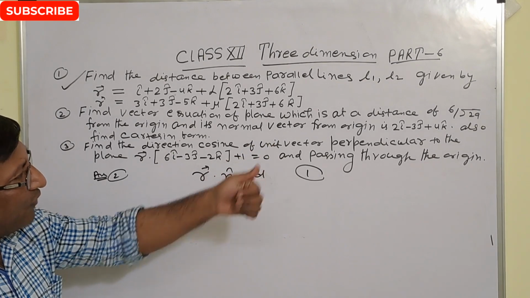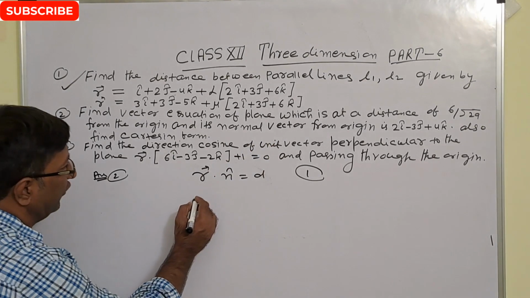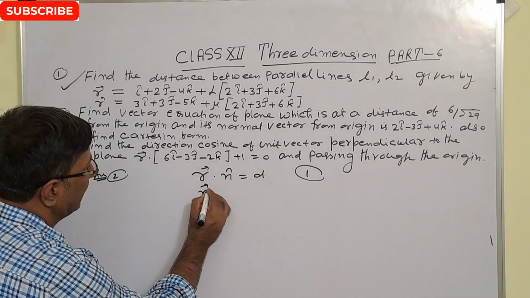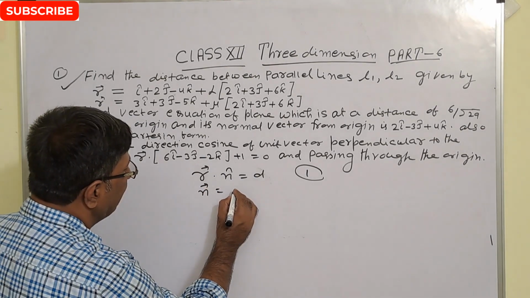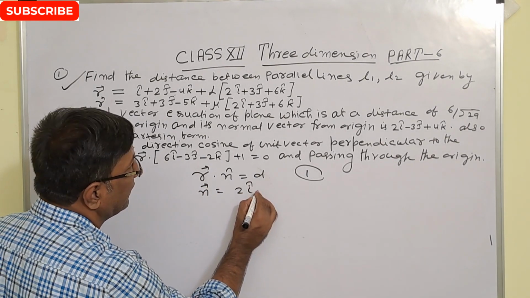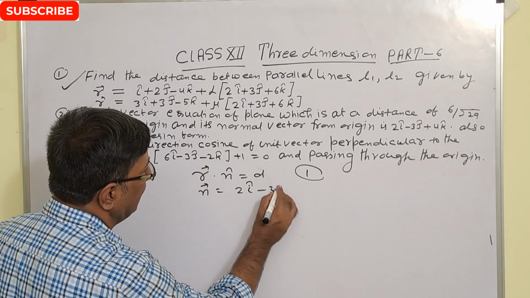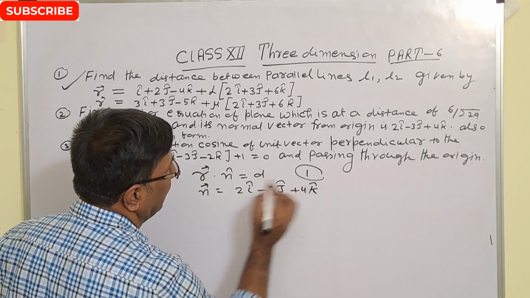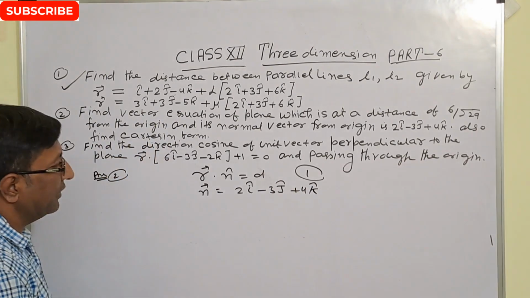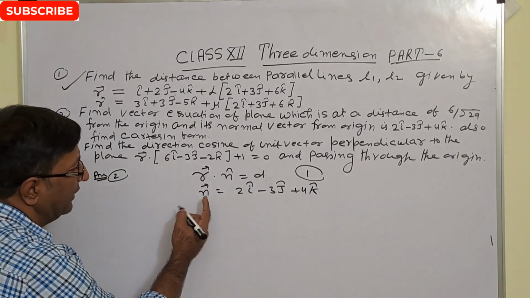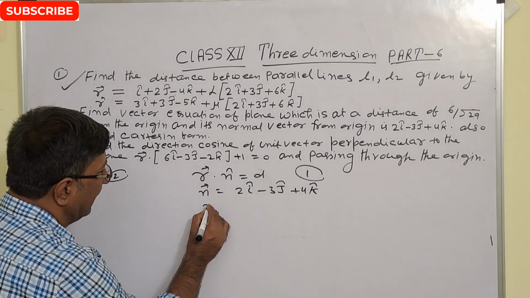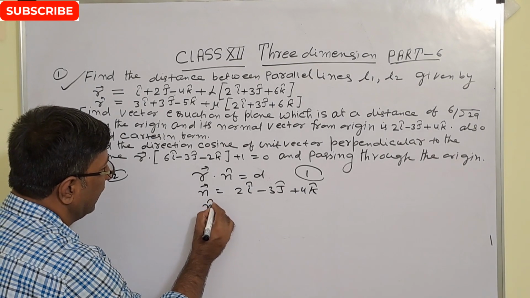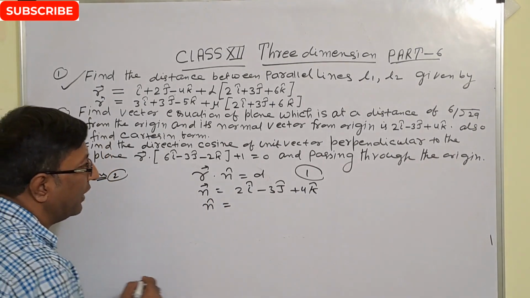And here the n vector is given. So first you write here the n vector. The n vector is 2 unit vector i minus 3 unit vector j plus 4 unit vector k. This is given. So first we find the unit vector n. So the unit vector n cap is equal to what?